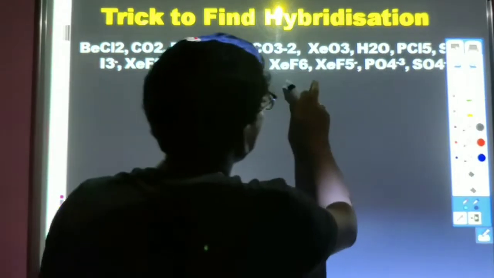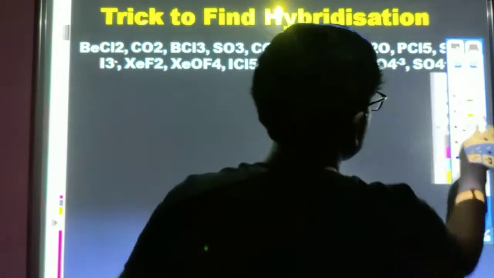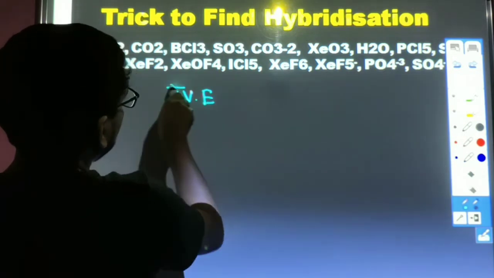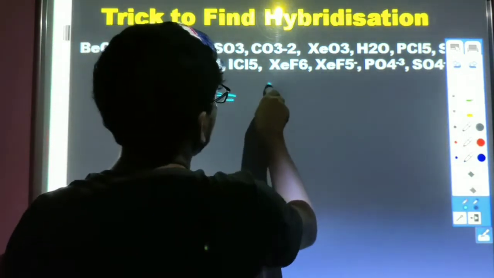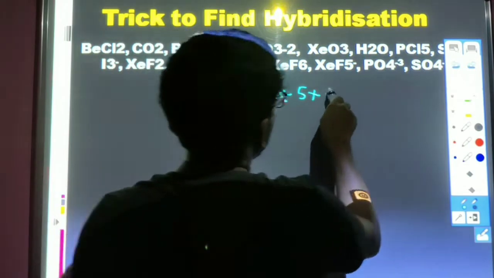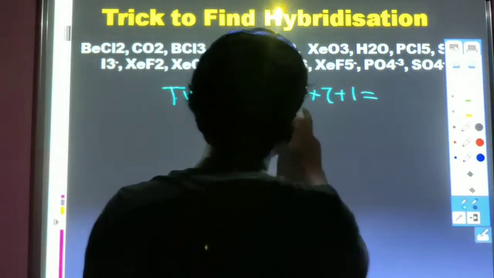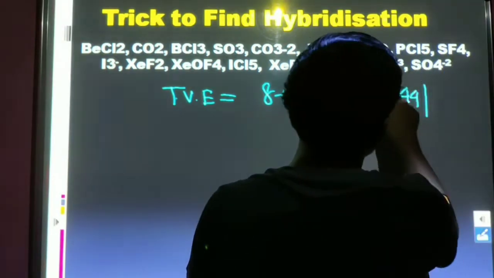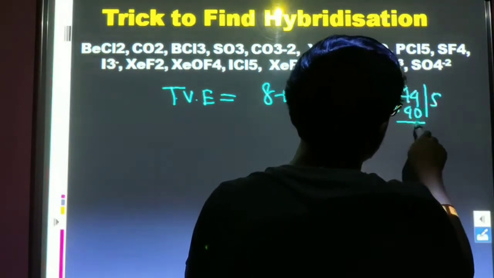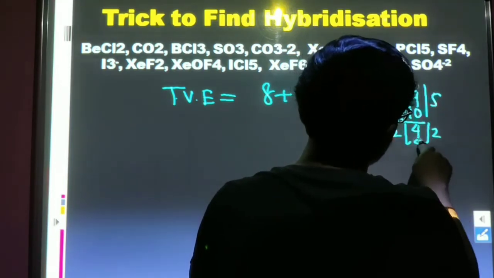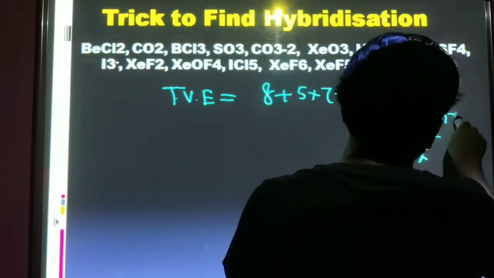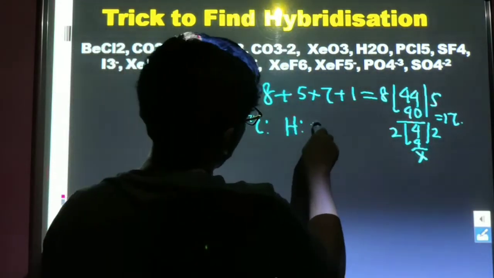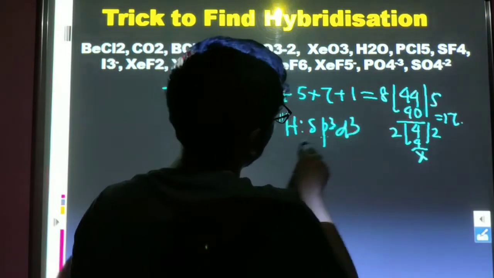Now next move to XeF5 minus. For XeF5 minus, total valence electrons: 8 plus 5 multiplied by 7 plus 1, that will give you 44. The steric number is 7, so the hybridization will be sp3d3.